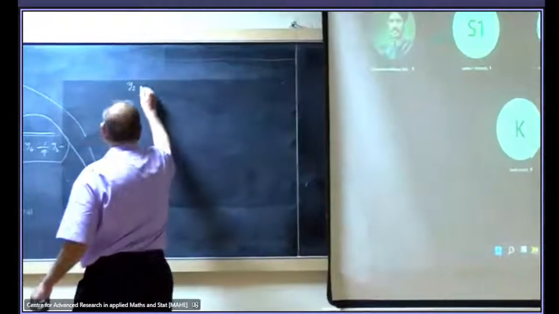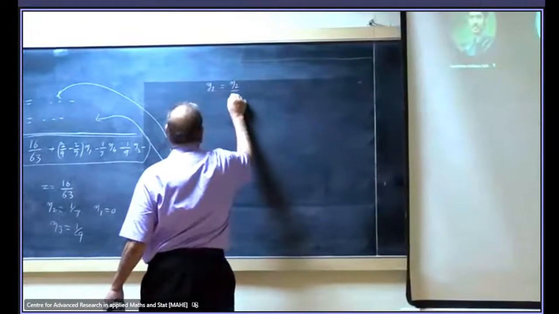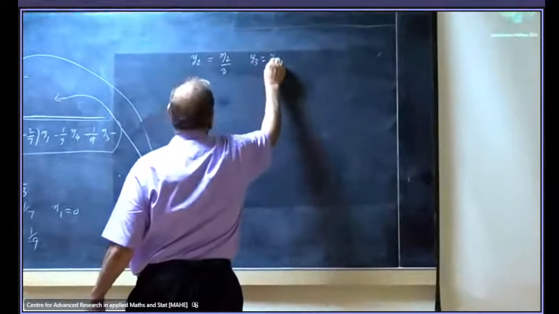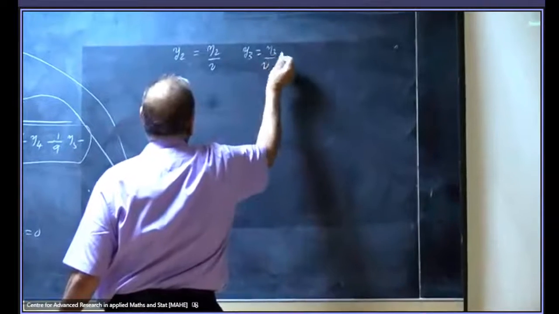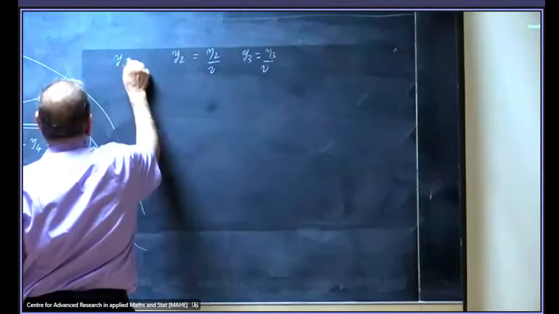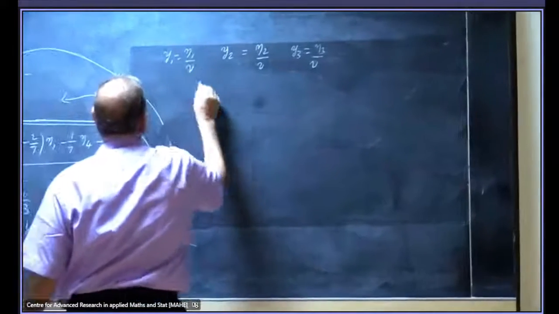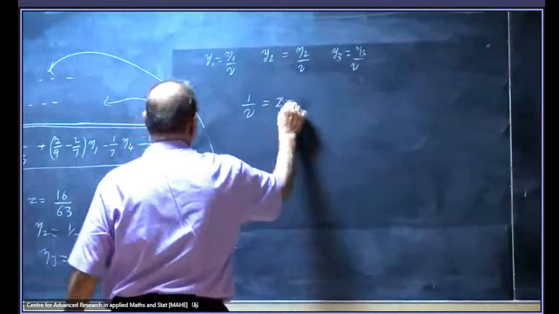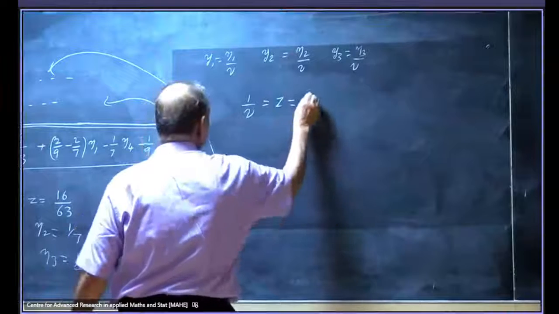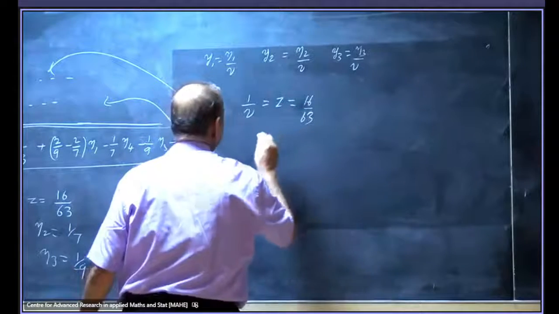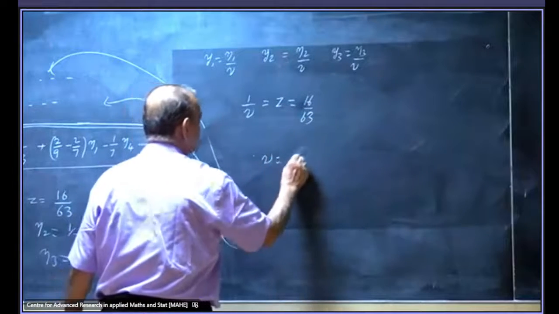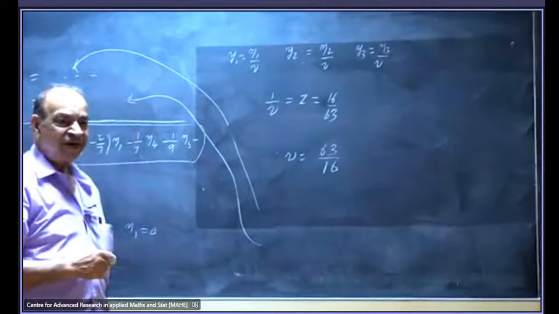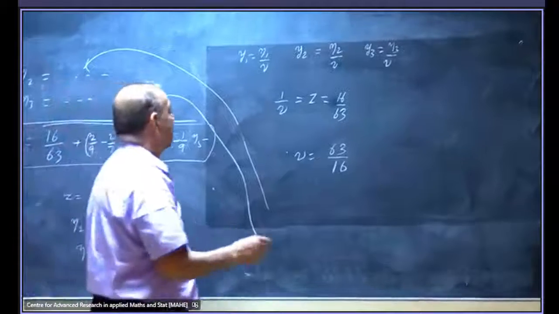So let me finish this last portion. If y1 is eta 1 over v, y2 is eta 2 over v, y3 is eta 3 over v, and 1 over v is Z, which is 16 over 63, therefore v must be 63 over 16. You follow me? V must be 63 over 16.